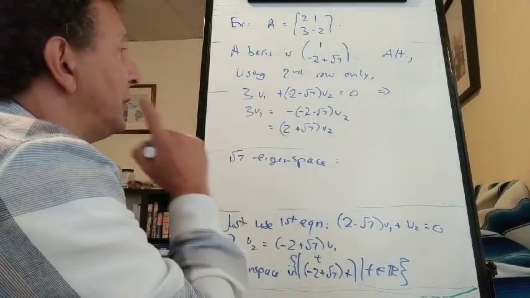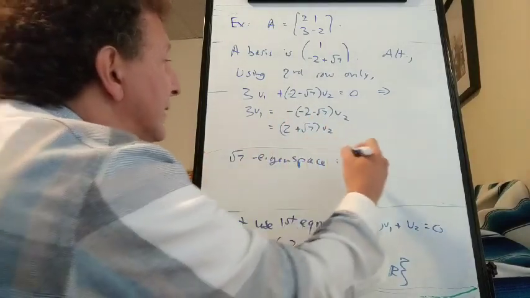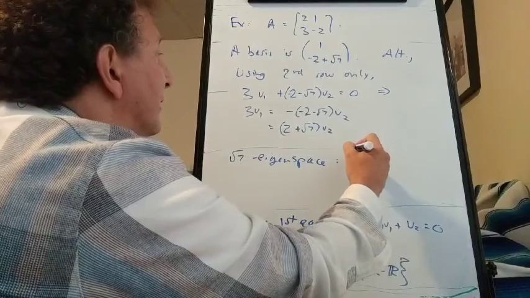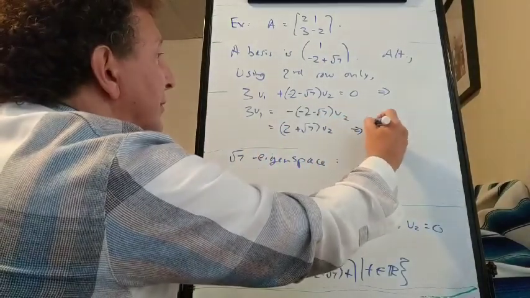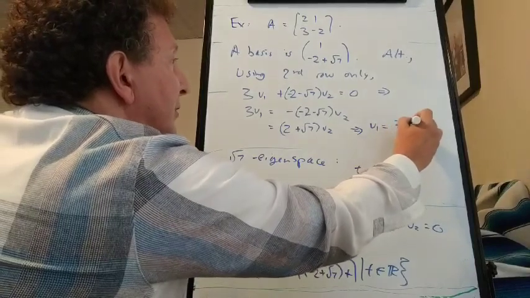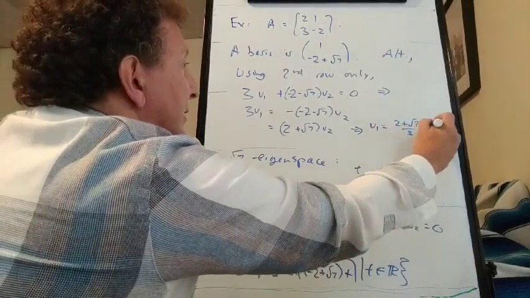We can let v2 be t, and, oh, let me divide by 3. So v1 equals 2 plus root 7 over 3 times v2.